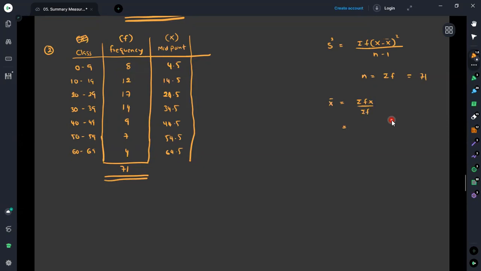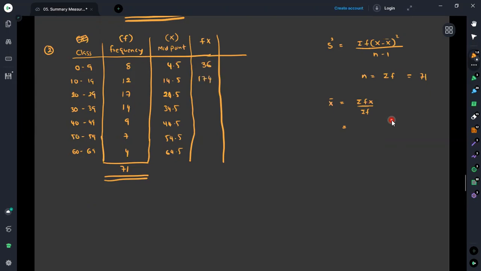For the summation of fx, we need to find the column fx, in the sense of multiplication of x with f.